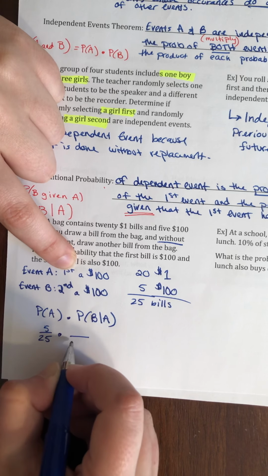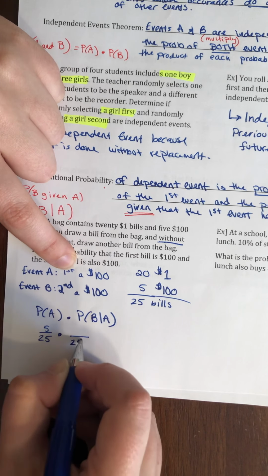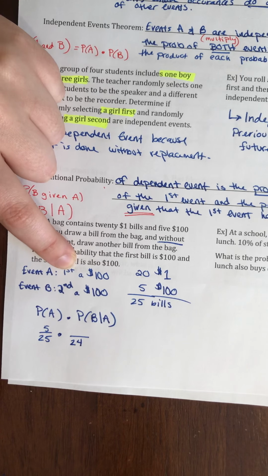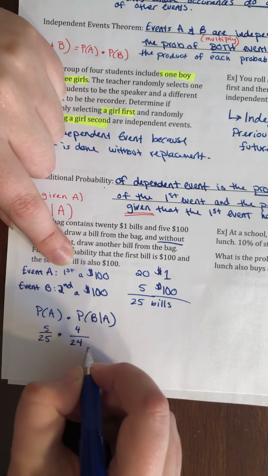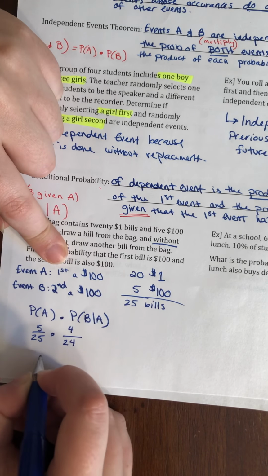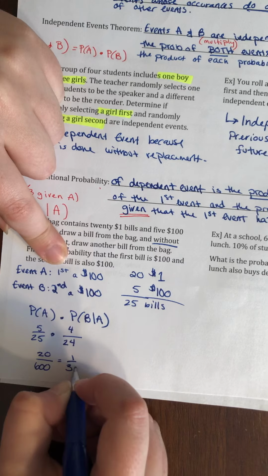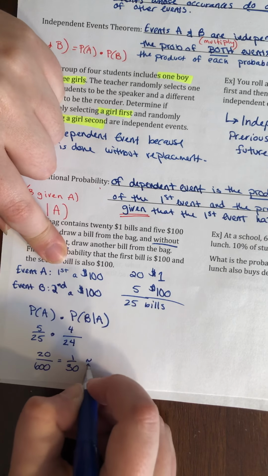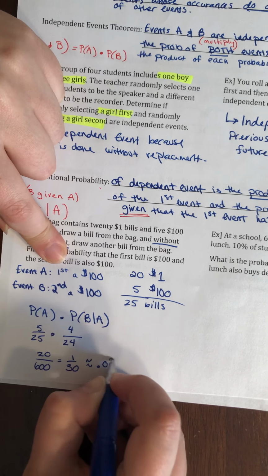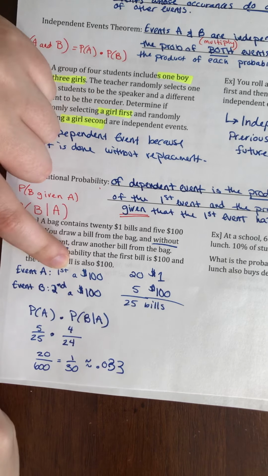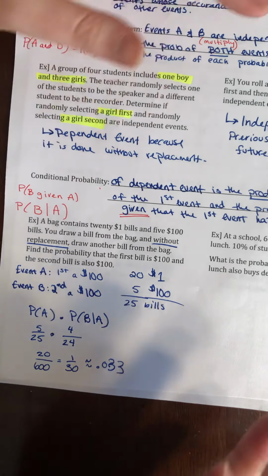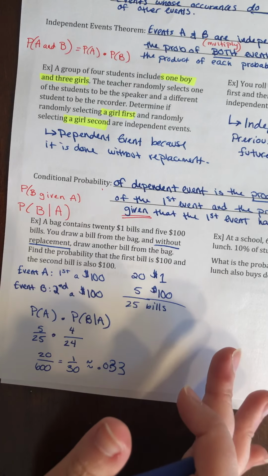Then, how many bills are left? It's without replacement, so there's only 24 left. And how many of those are hundreds? Now there's only 4 left. So that gives us 20 over 600, or 1 over 30, which is about 0.033. So we did a little bit of that last section. This is just giving it a name.